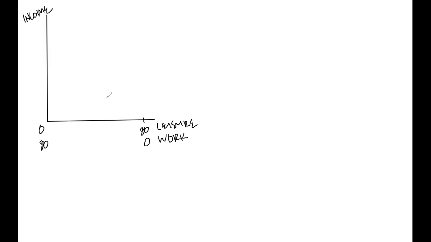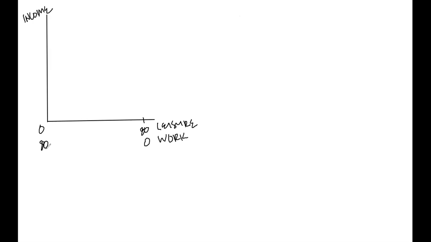So anyway, it said that she has no other source of income except for her job at the coffee house, and it pays $6.50 an hour. Like I just said, that's going to be our slope. And since there are 80 possible hours in a week, what we have to do is find our y-intercept, in this case on the income axis.